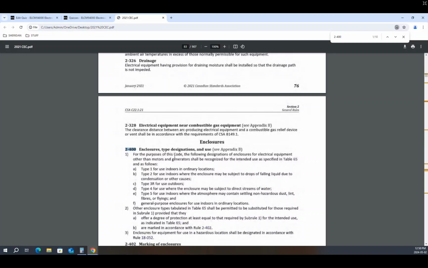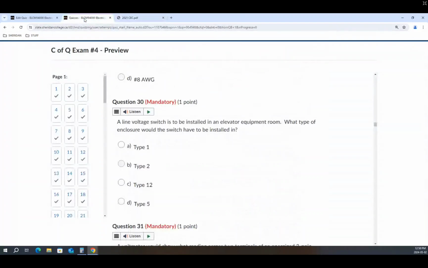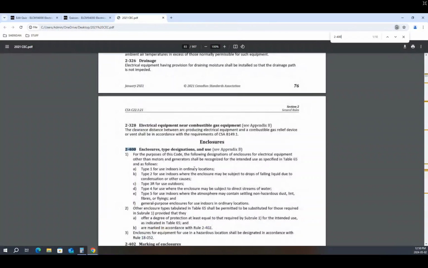For the purposes of this code, certain designations will be recognized for the intended use as specified in table 65 and as follows. Type 1 for use indoors in ordinary locations. And I am in an elevator equipment room. That's indoors. That's an ordinary location, probably type 1.